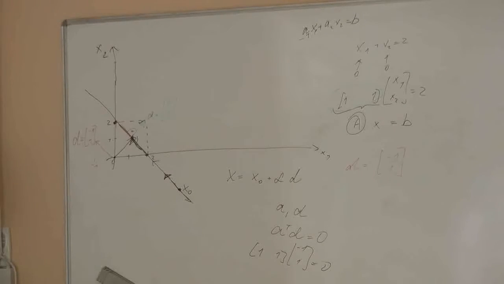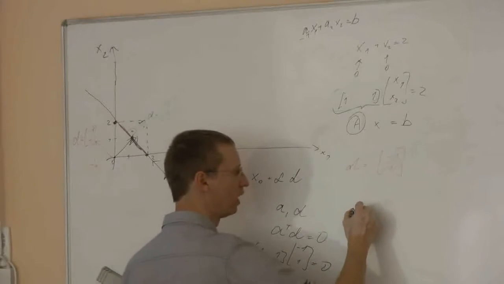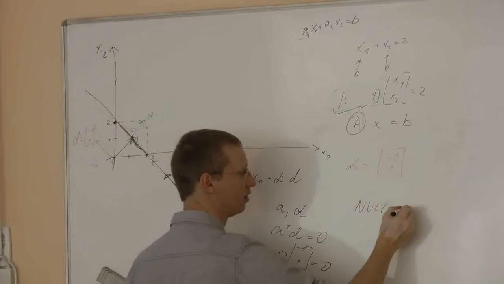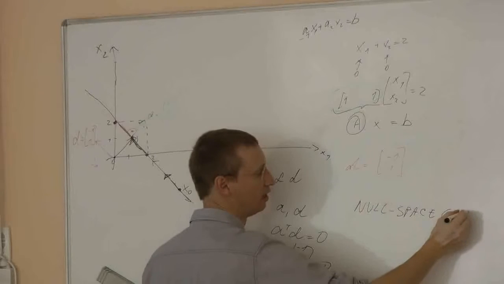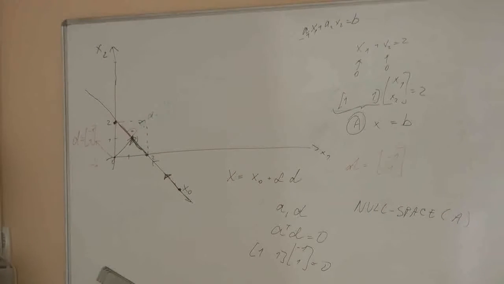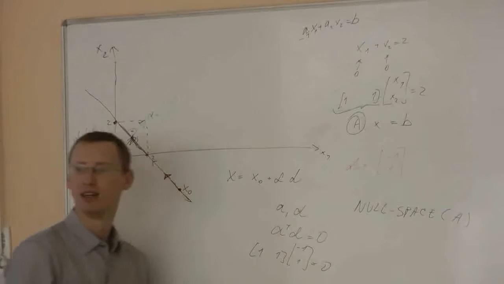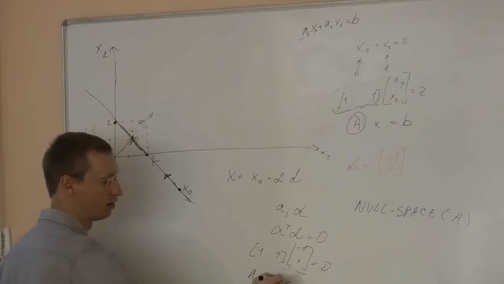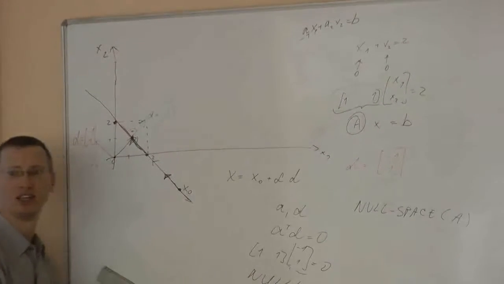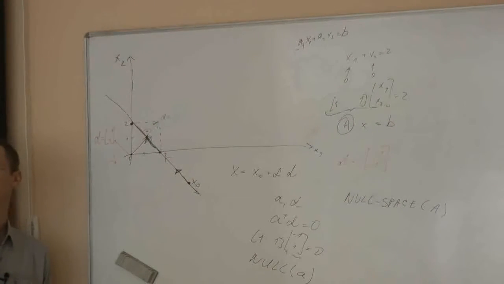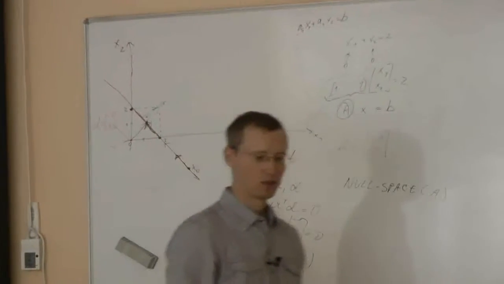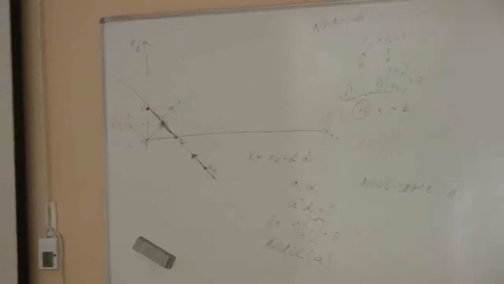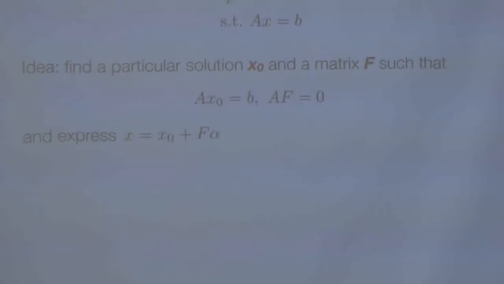This is a very standard operation, and it's called finding the null space of A. The null space of some matrix is a set of vectors which are perpendicular to the vectors in matrix A. So in MATLAB, if you would like to find this direction, you would just write null of A, and it would return D here. So that was kind of a long introduction to what can be formalized as this.